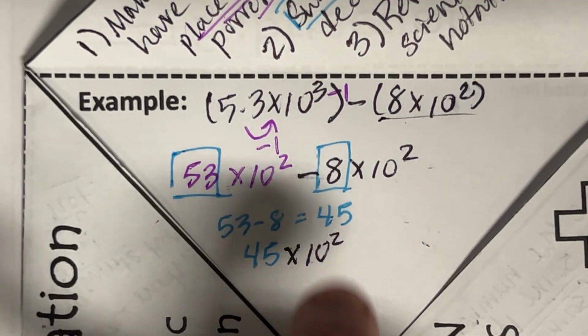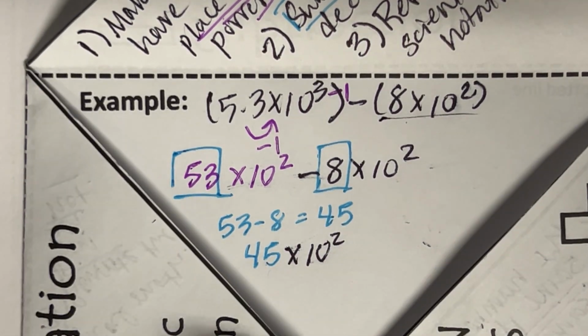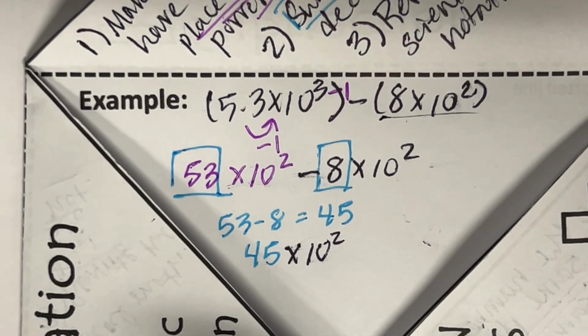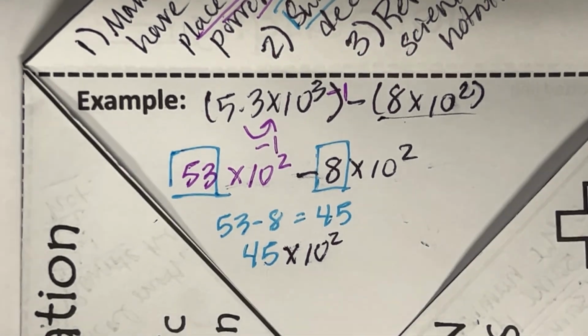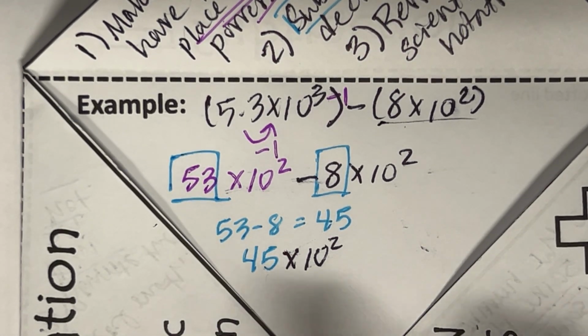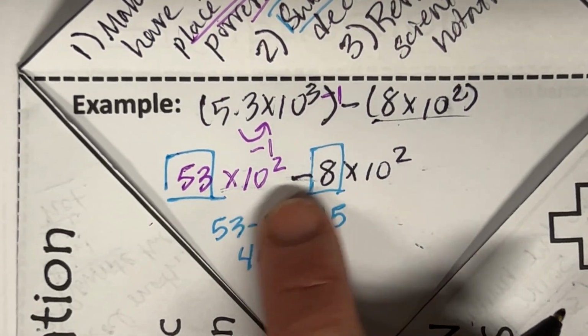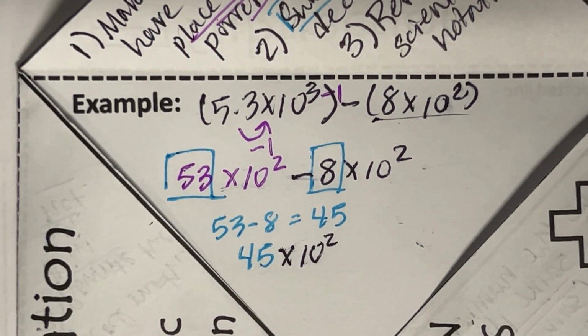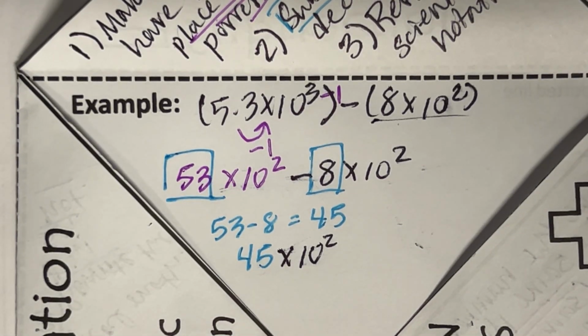These are only telling me place value. Whereas in the multiplication and division problems, I had repeated multiplication or division that I had to manage, and then I had an actual exponent rule that I could apply. In this case, these are just telling me place value. They are not helping me at all with actual exponent rules.